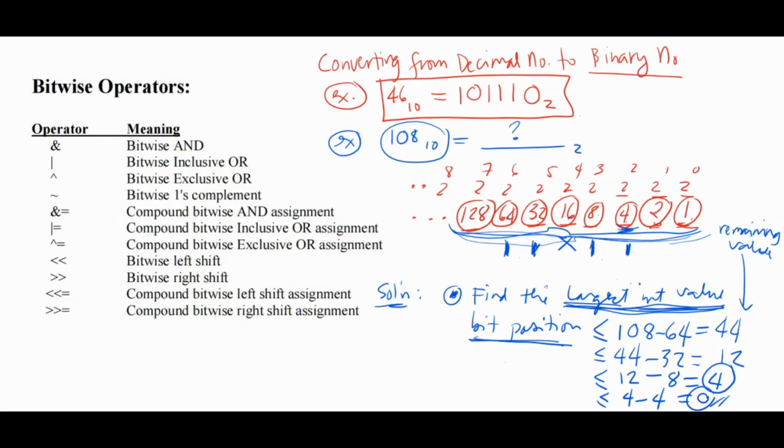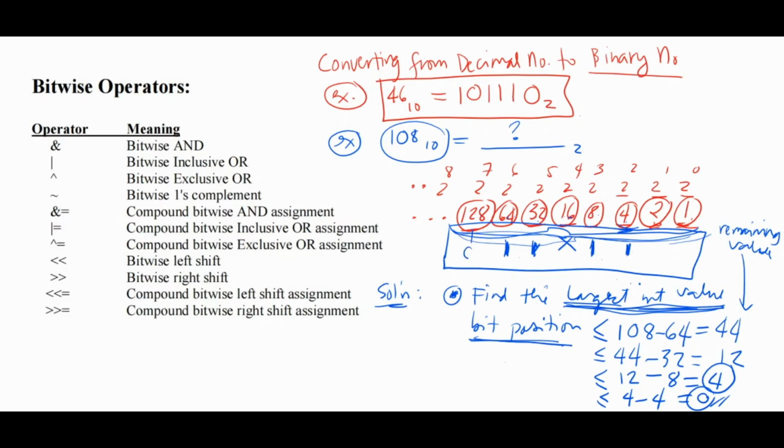So once the remaining value becomes 0, we stop the process, and what we have here is now the equivalent binary number, where those bit positions that are not set to 1 are set to 0.